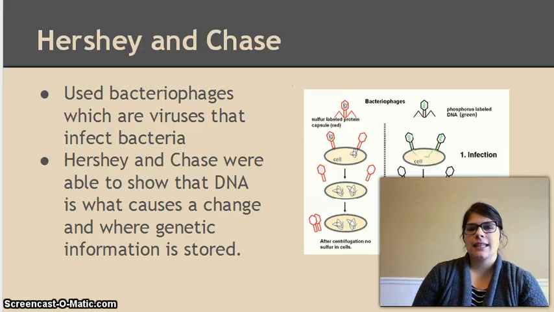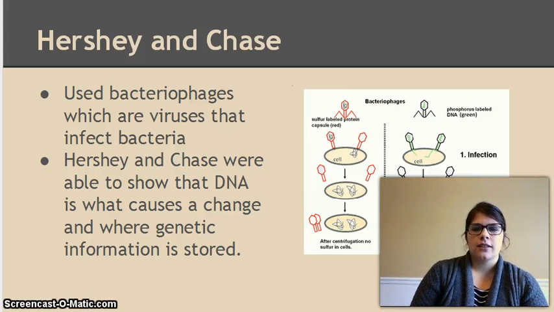What they did was label the capsule and label the DNA. If you know anything about the virus cycle, a virus is not a full organism, it only has a protein coat and a DNA core. When it attaches to a host cell, it injects that DNA. So we could see, based on the coat being labeled and the DNA being labeled, what happened with the DNA.